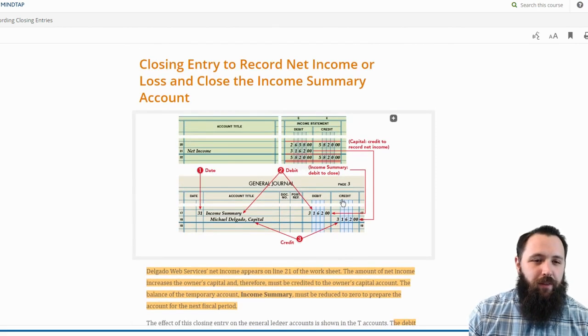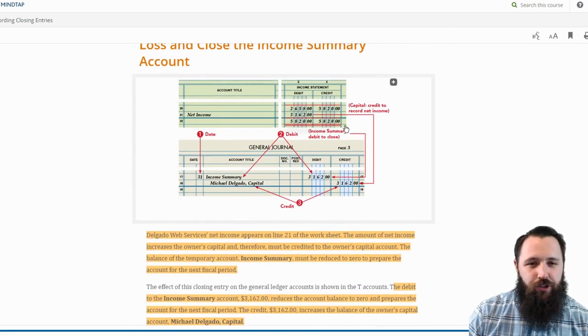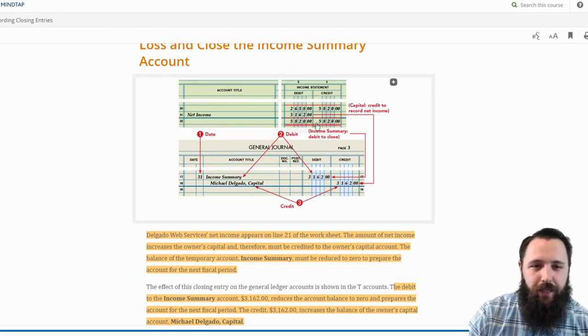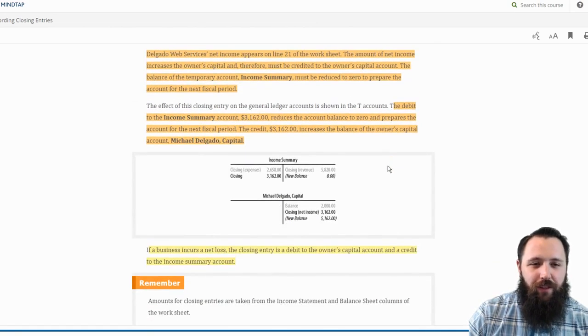So what does that mean? They kind of show the debit of net income here. They kind of make it a little bit hard to follow. This is what I want you guys to look at here.